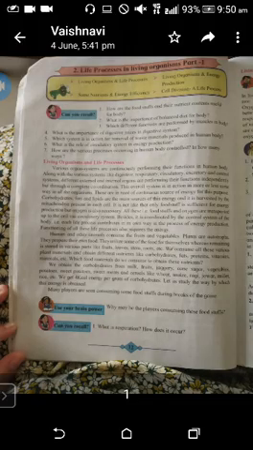Now which are the foodstuffs you have learned in the lower classes? So first is, for example, fruits and vegetables. What nutrients are present in that? So we have to make 3 columns. One is foodstuff, second is nutrients present, and third is health benefits.